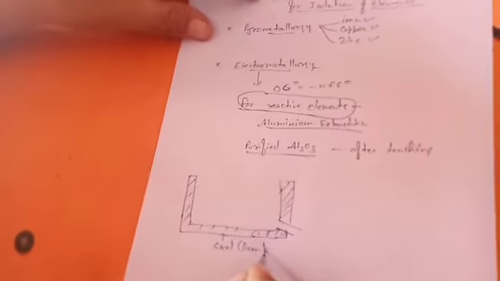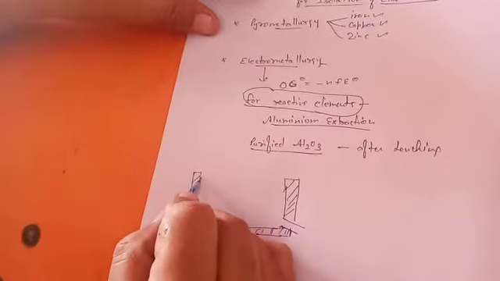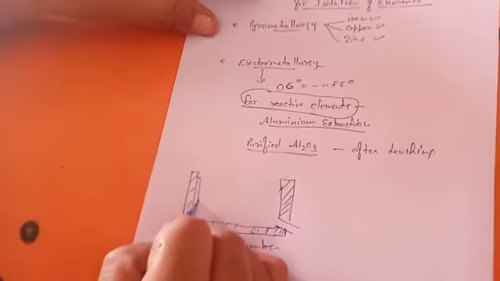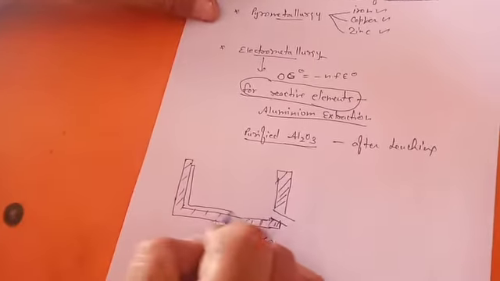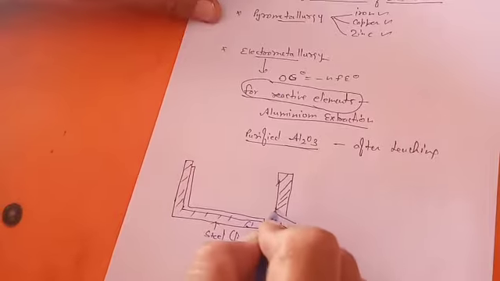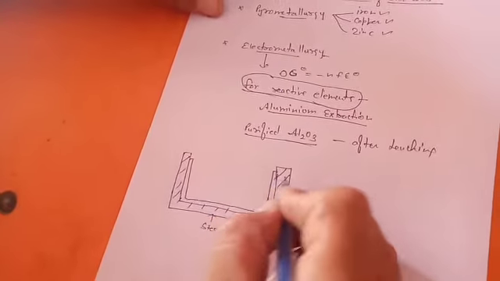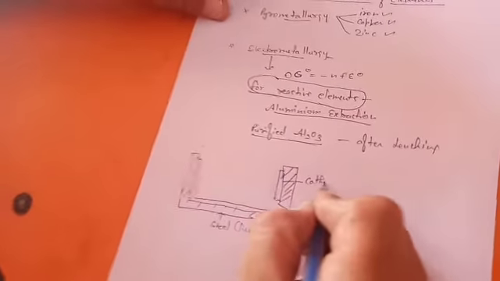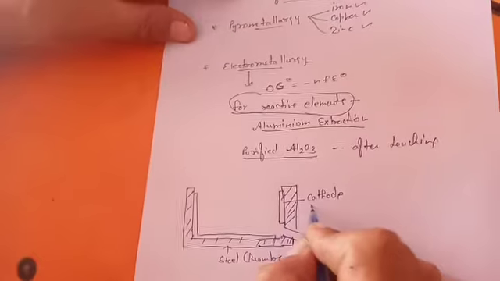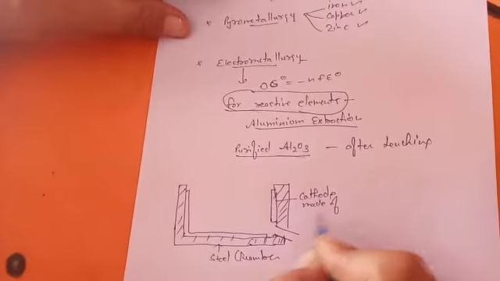I am applying a carbon electrode over the surface of this steel chamber, which will act as the cathode, made up of carbon.